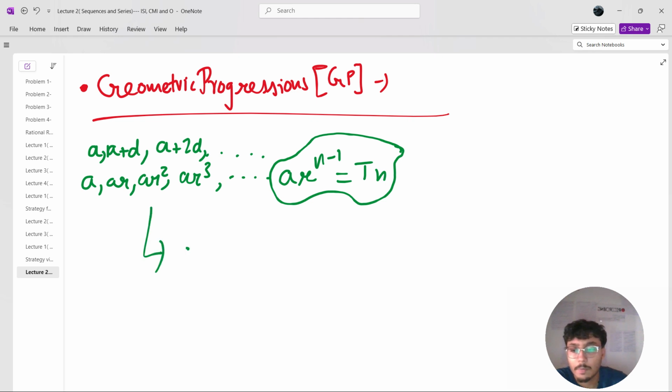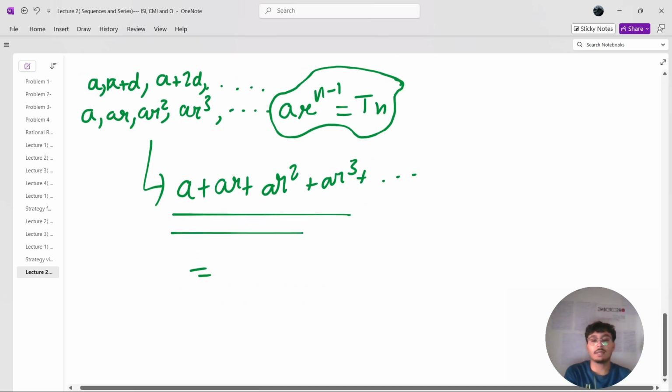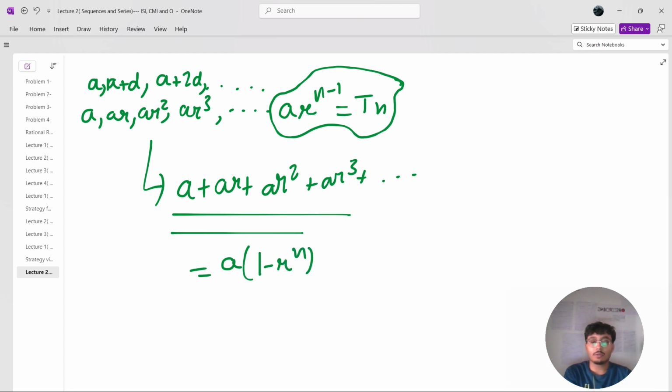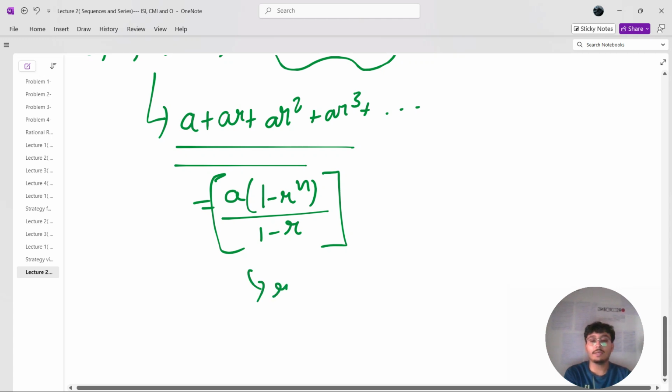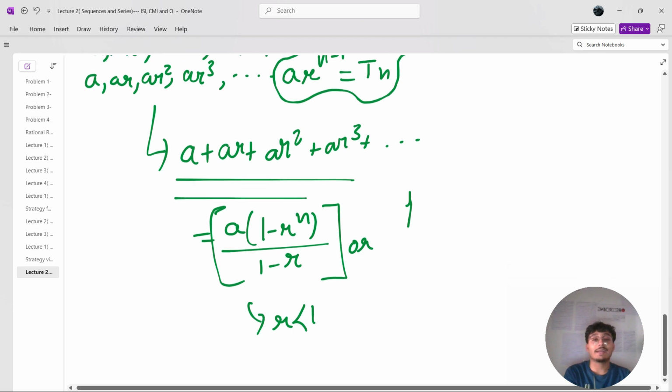Now coming up to this summation: A plus AR plus AR square plus AR cube plus dot dot dot. Just remember this value. This is basically A into 1 minus r to the power n by 1 minus r. Now we have two different formulae for this. This is only when my r is less than 1. My r is called the common ratio here. There it was the common difference, which was basically your second term minus first term.